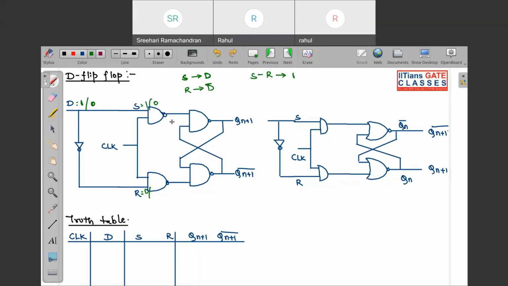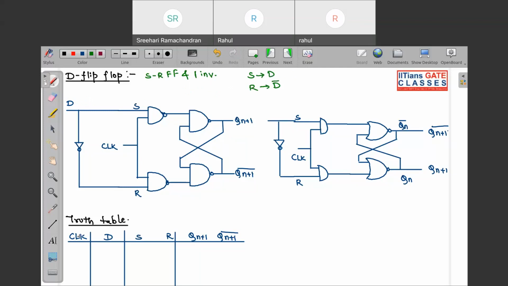You are basically running the SR flip-flop in its reset or set state. S is connected to D and R is connected to D complement. So this needs to be noted.